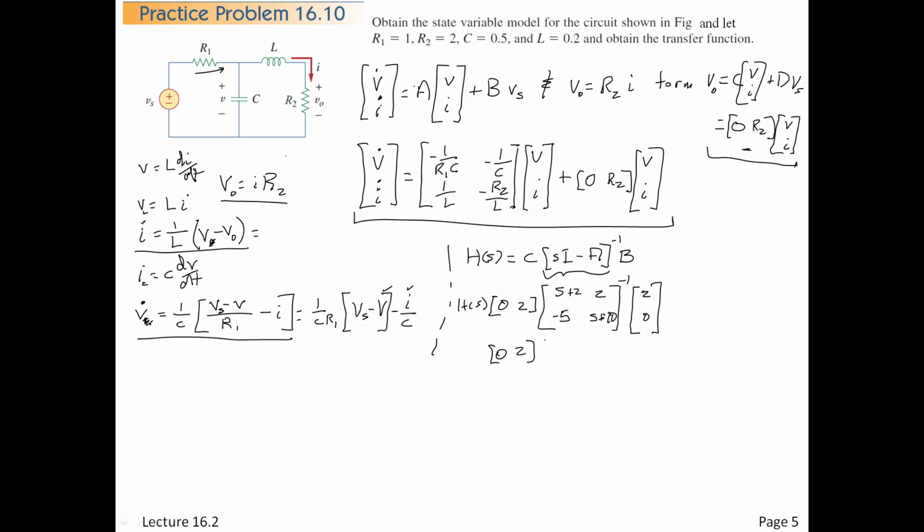I don't do a lot of talking during this, and we reverse these two, so s plus 10. Change the sign on the negative diagonal, so this will be minus 2, 5, and s plus 2. 2 and 0, and this is all over the determinant, which is the product of those two.